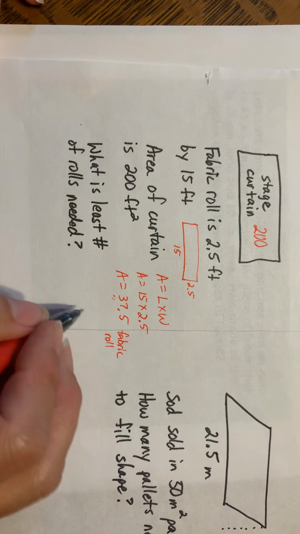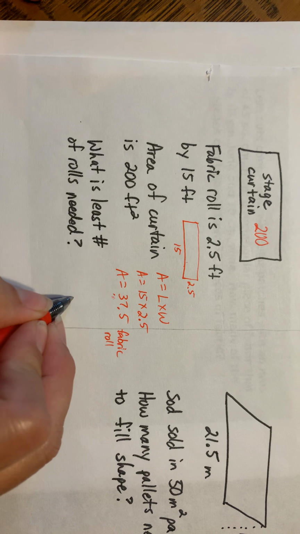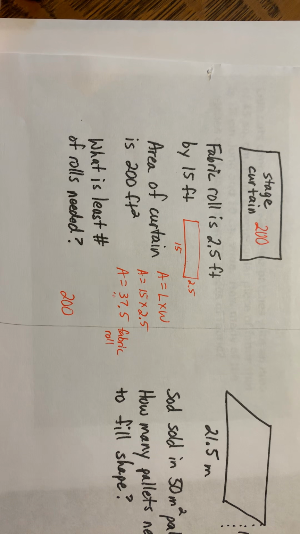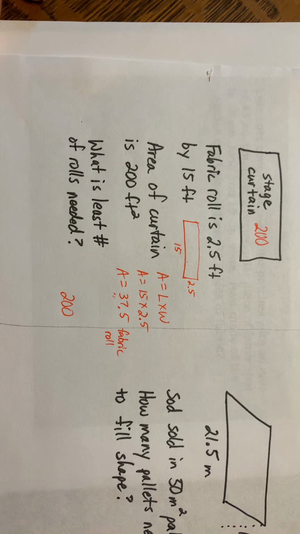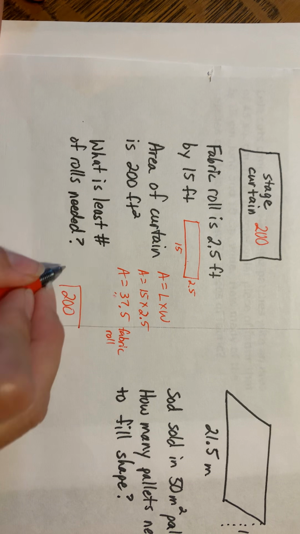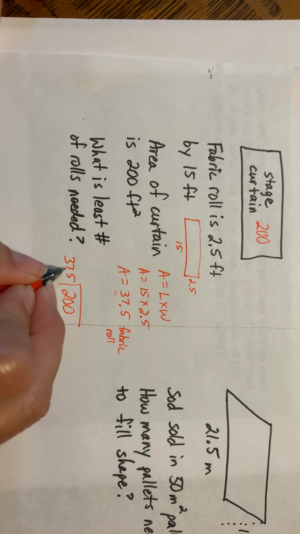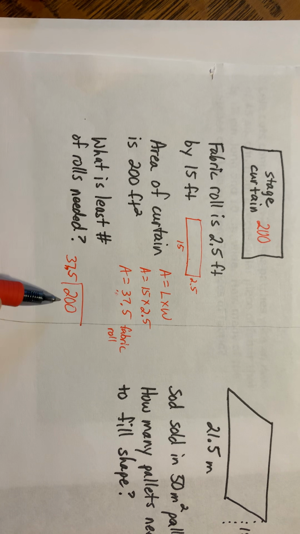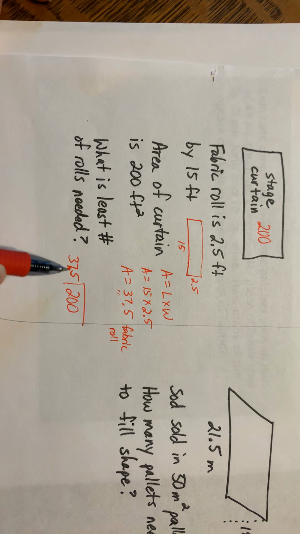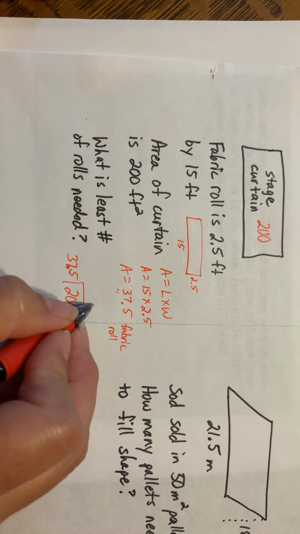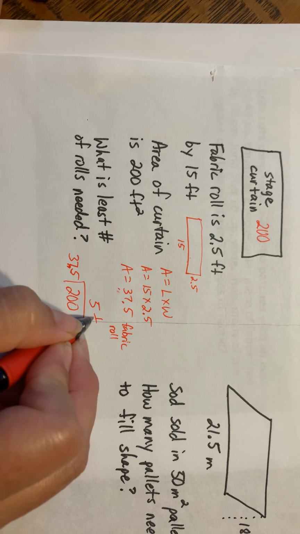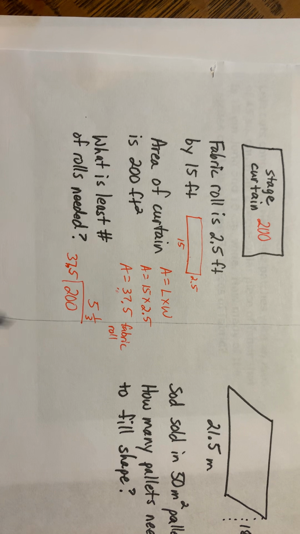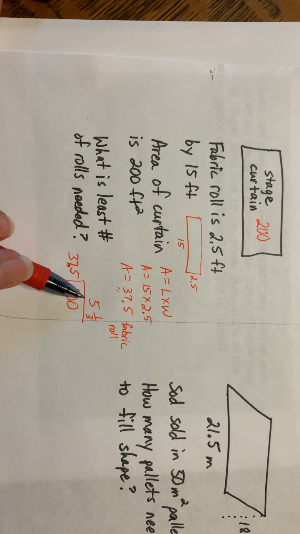So the next thing I'm going to need to do is to divide. If I want 200 feet of fabric and I only get 37.5 feet of fabric in one roll, how many of these fit into there? So when you do the division out, you're going to end up getting 5 1/3. So do you get 5 rolls of fabric?